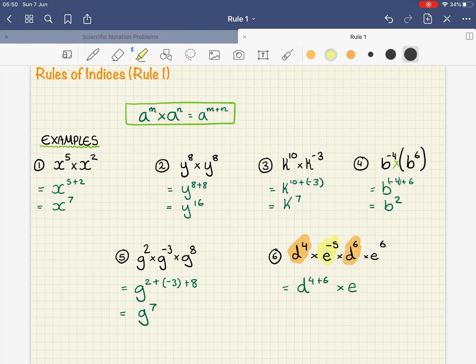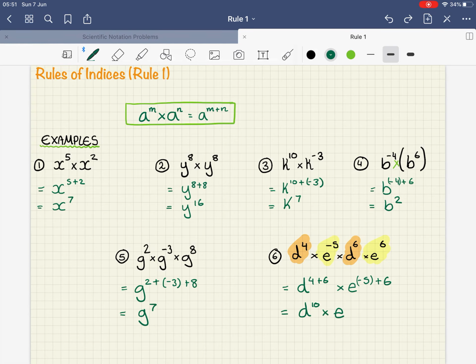Then e to the power negative 5 and e to the power of 6. So that's going to be e to the power of negative 5 plus 6. So that would just be d to the 10 times e to the negative 5 add 6, that's just going to be 1. However, anything to the power of 1, I don't necessarily need it, so I can just write it as e.